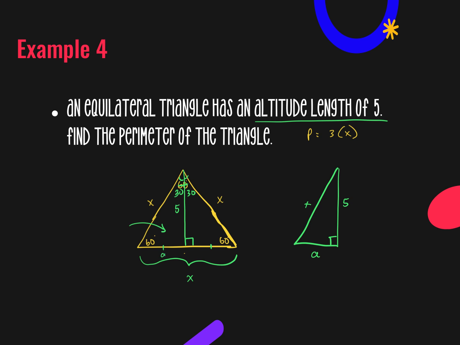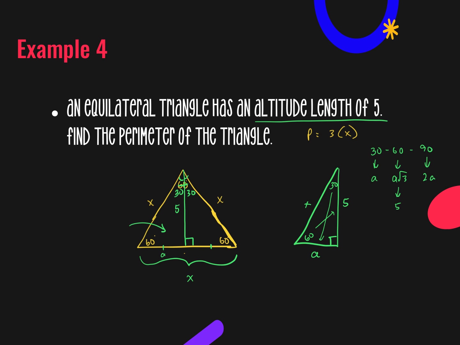So I know that this is 60, and I know that this is 30. Remember that in a 30, 60, 90 triangle, the sides are A, A radical 3, and 2A. So the side opposite the 30 is my A, and the side opposite my 60 is 5.